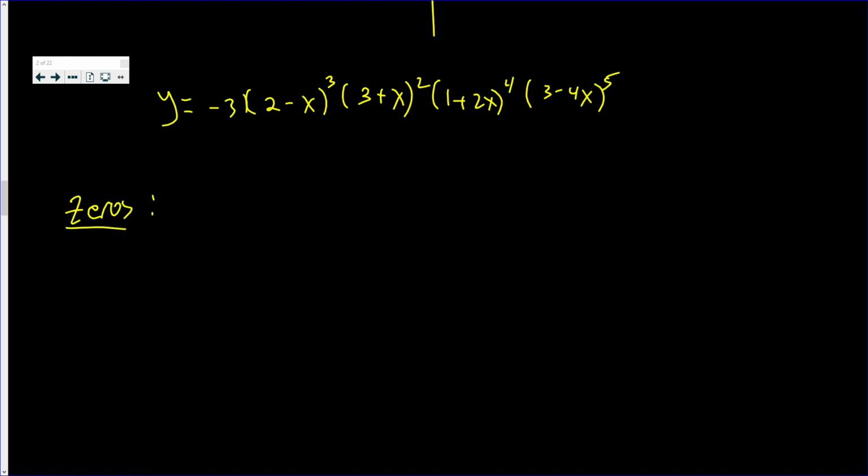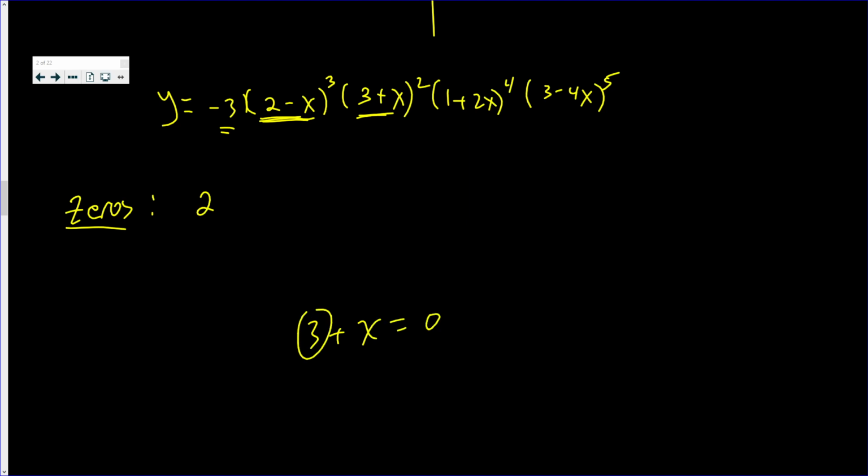There's zeros. -3 is never 0. This base is 0 when x is 2. This base is 0 when, oh, I'm adding and I'm getting 0.